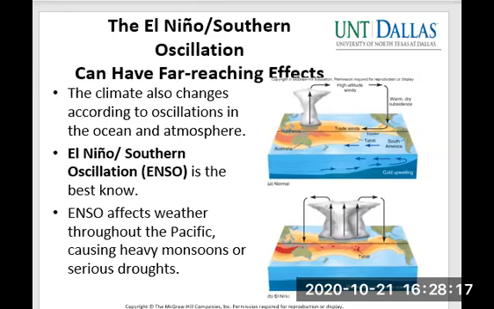ENSO affects the weather across the Pacific and adjacent continents, causing heavy monsoons or serious droughts. On the scale of years or decades, climate changes according to these El Nino Southern oscillations in the ocean and atmosphere.